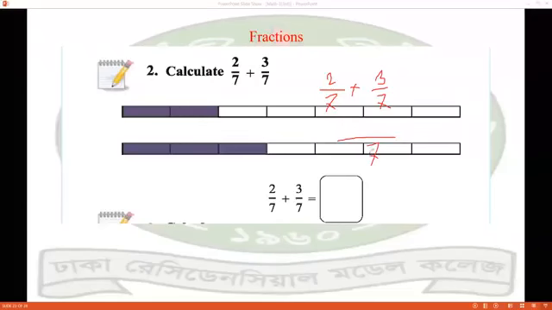So 7 divided by 7 we get 1. 2 into 1 we get 2, plus 7 divided by 7 we get 1, 3 into 1 we get 3. So it will be 5 by 7. In this way we can find it.